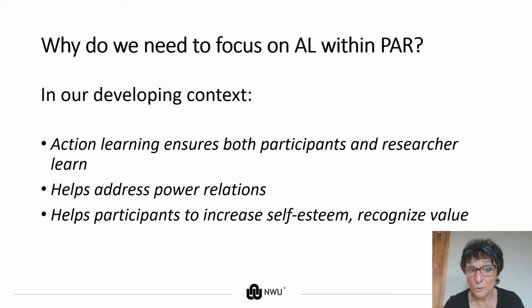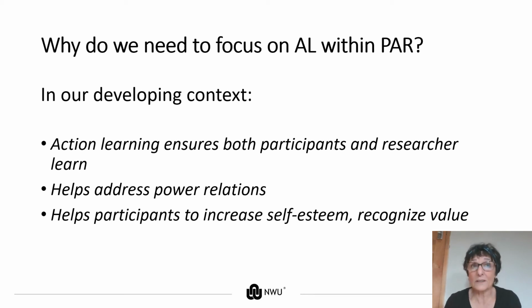Why do we need to do that? Well, if you're just doing PAR, what I've seen happen is that the academic researcher goes and works with participants, but actually just tells them what to do, and gathers the data themselves by asking them questions and taking it away. PAR works very well if you have people who are used to voicing their opinions, to participating well. But in our developing context, that's not always the case.